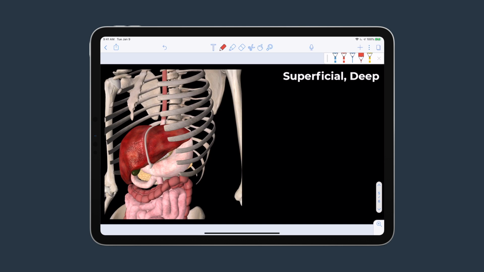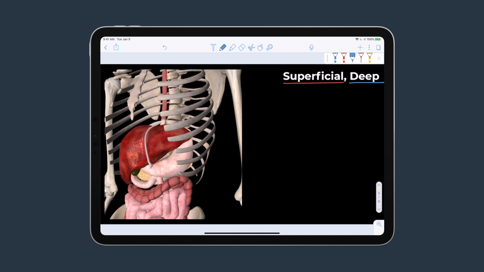So you might be thinking that we're running out of ways in which we can orient the body, but superficial and deep is yet another one. Superficial and deep are terms that we will use a lot when we're building on our mannequins, and surgeons use a lot, but in your day-to-day circumstance, hopefully you're not using too often, because superficial and deep have to do with how far something is into the body or how far away something is from the surface of the skin.